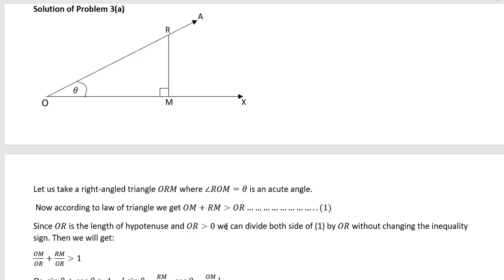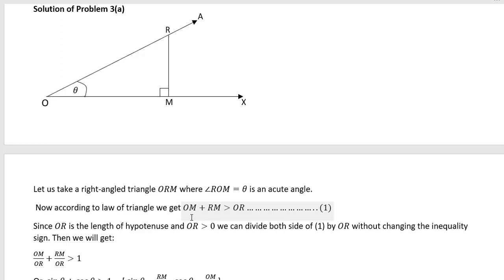Now we have to find some ratio in which we will have sin theta and cos theta. Look at this expression. OM is the base and RM is the perpendicular. So if we divide OM by hypotenuse and RM by hypotenuse, then we will get base by hypotenuse and perpendicular by hypotenuse.